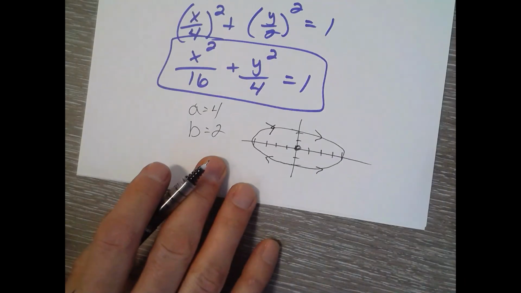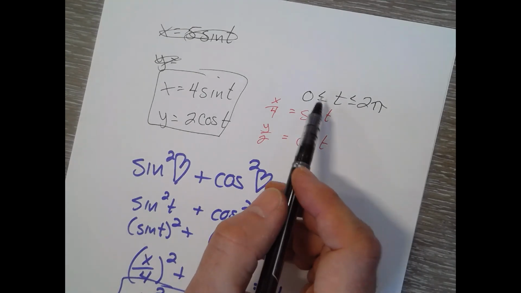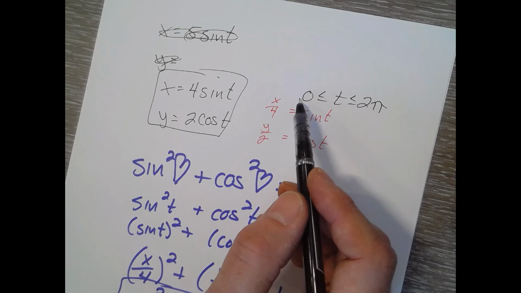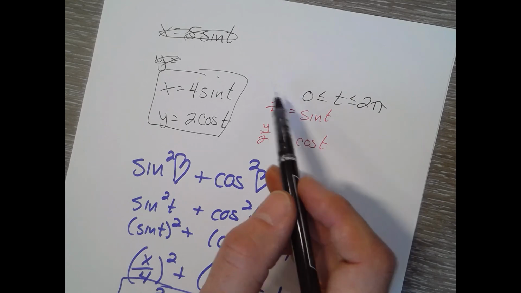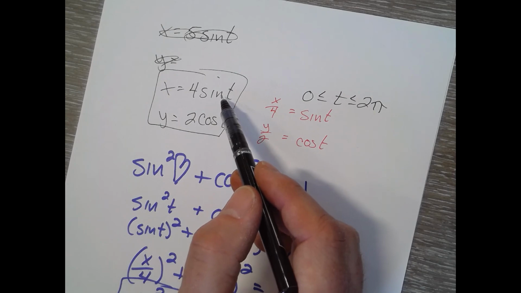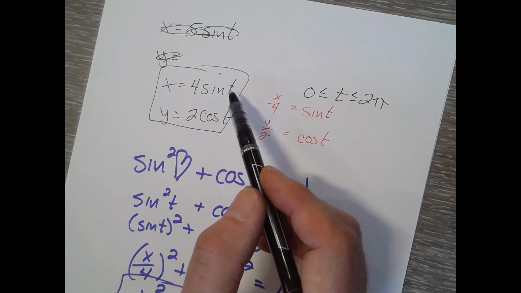All right, remember, what's my initial point right here? Does this have an initial point? Yes, it starts at 0. What is my initial point? If I plug 0 in for the x equation, what do I get? The sine of 0 is 0. 0 times 4 is 0, yes.